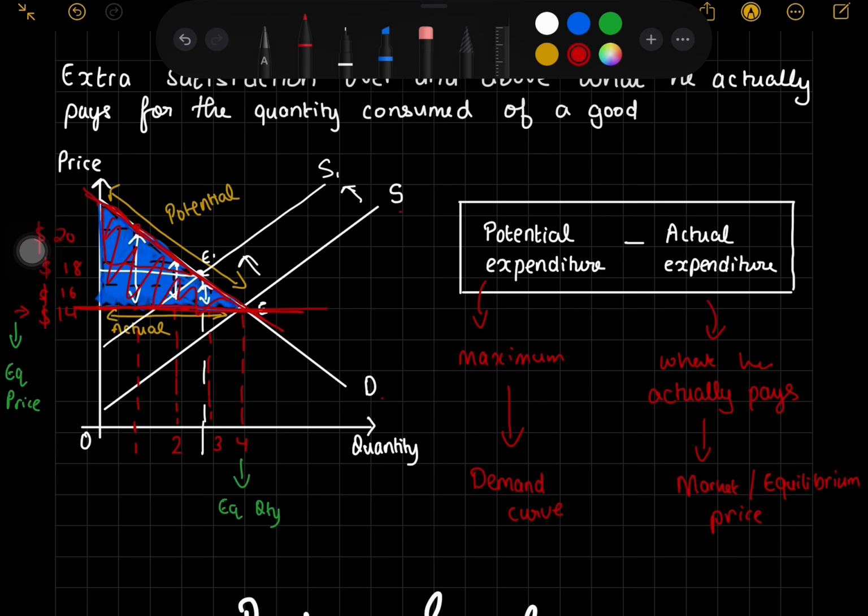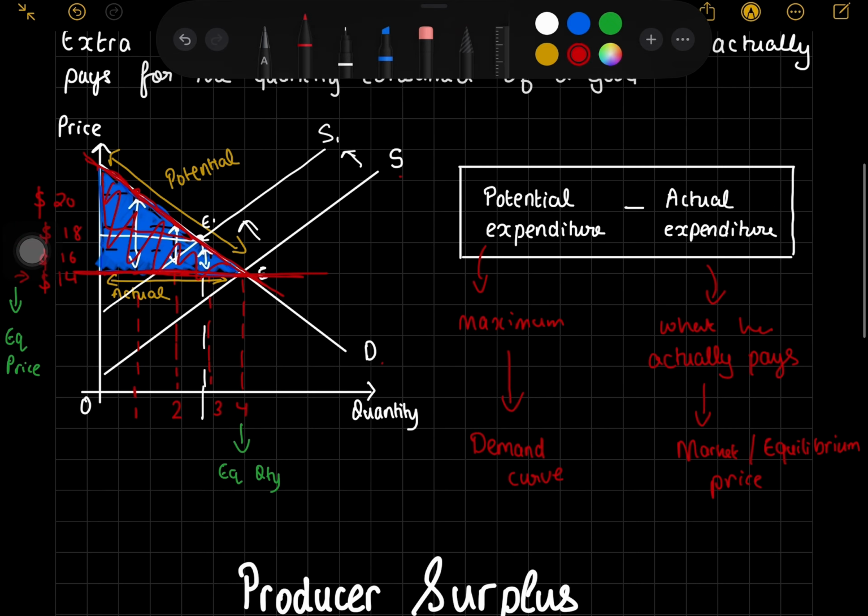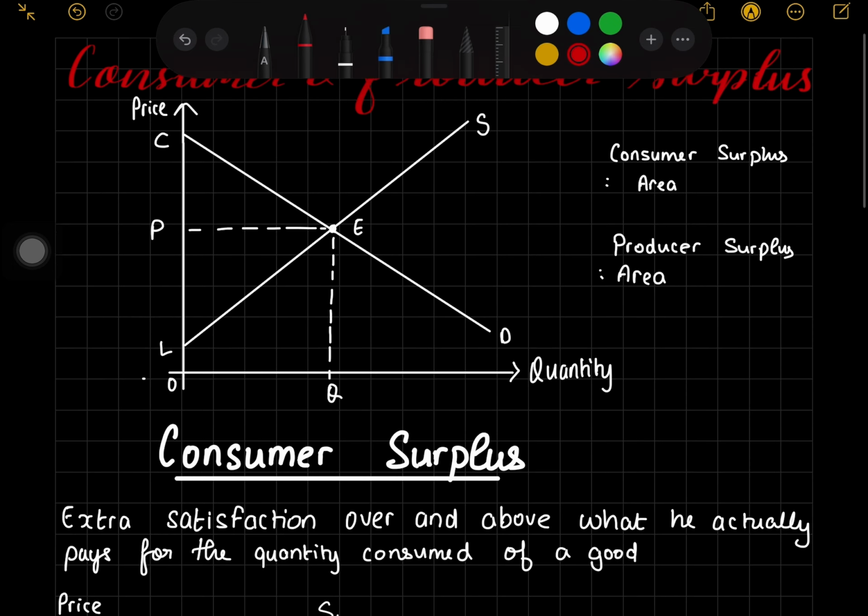So I think I've covered everything for consumer surplus. We have covered the area, what causes it to change, the elasticity, and that's it for consumer surplus. Now, of course, I believe that you can label the area of consumer surplus here on this diagram.